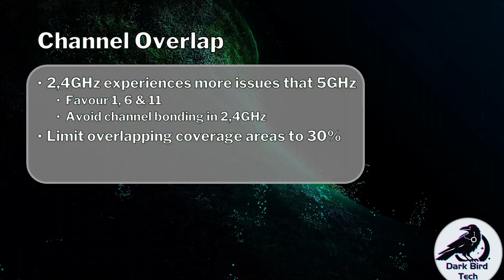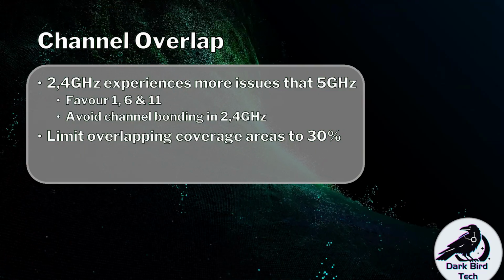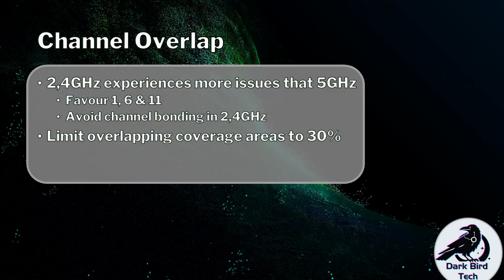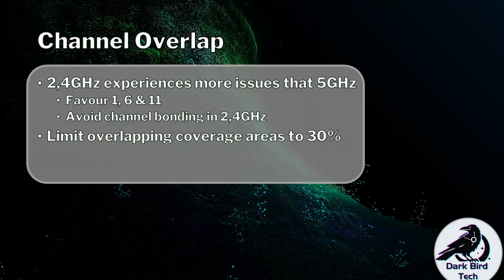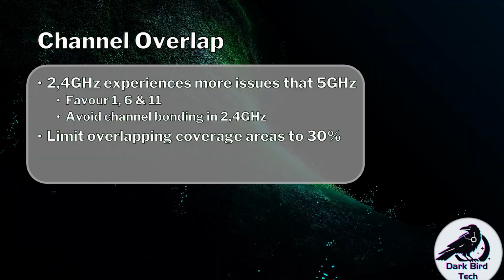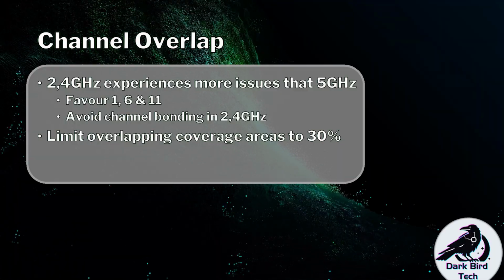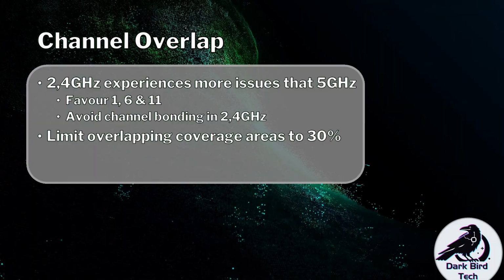Also, if you're planning to provide coverage overlap between multiple access points, try and keep the overlapping area of coverage around 30% so that there is enough overlapping coverage for somebody who's moving from one access point to another access point's coverage area to be smoothly handed over without being too overlapping and causing co-channel or neighbor interference.